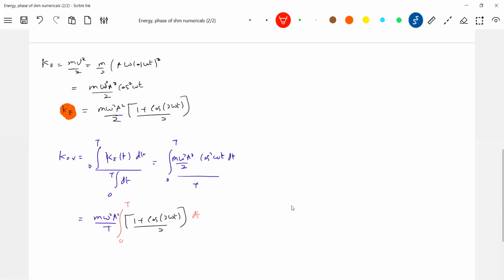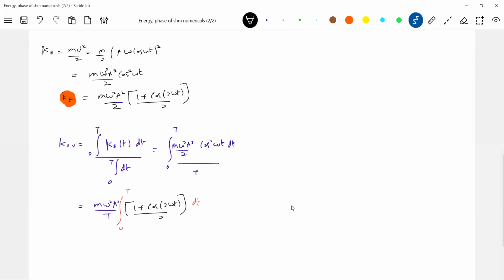So K average is equal to... fine. So this is the very basic fundamentals everyone must know.